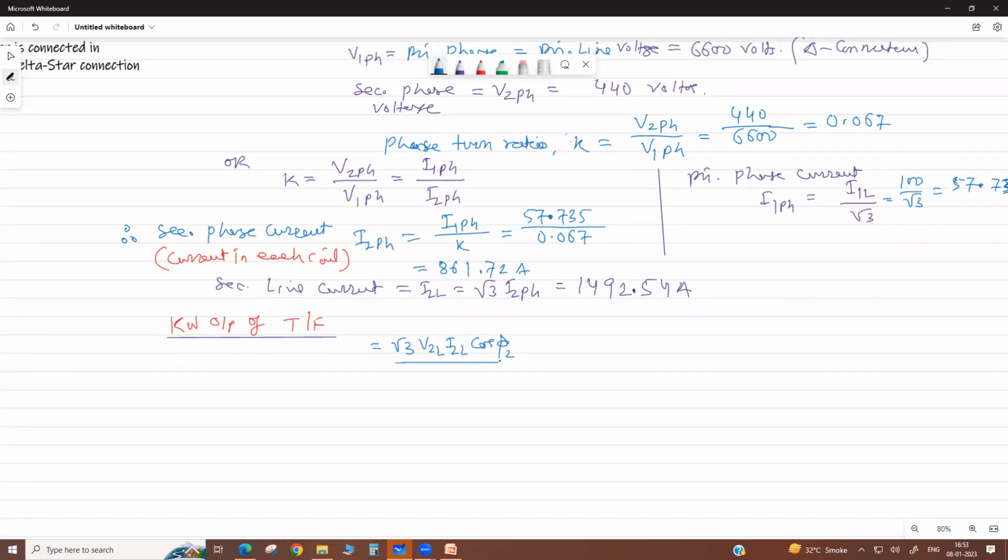For kilowatt you divide by 1000. So √3 into V2, which is 440, I2 is 1492.54, into 0.8, the power factor, divided by 1000.